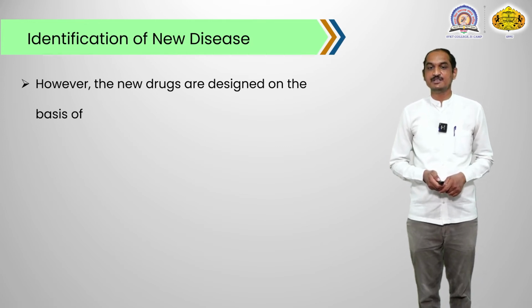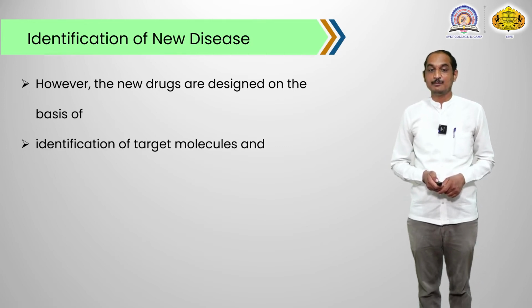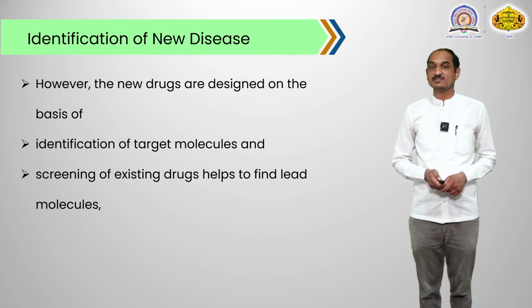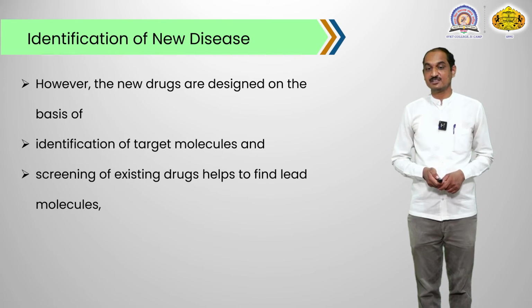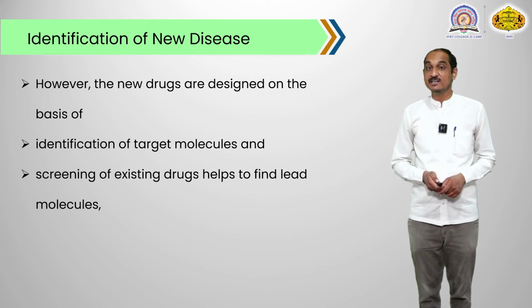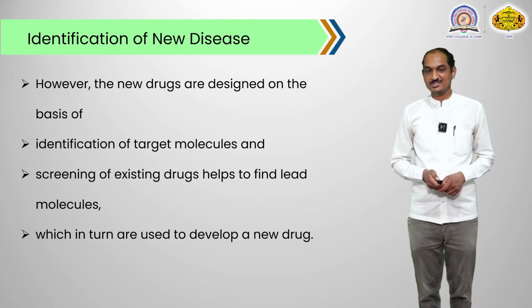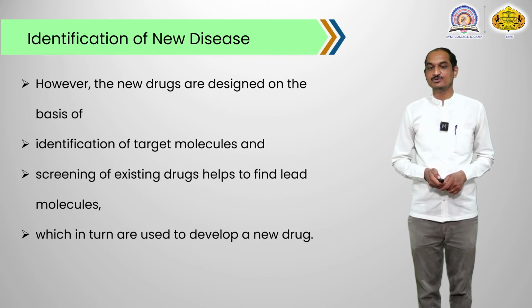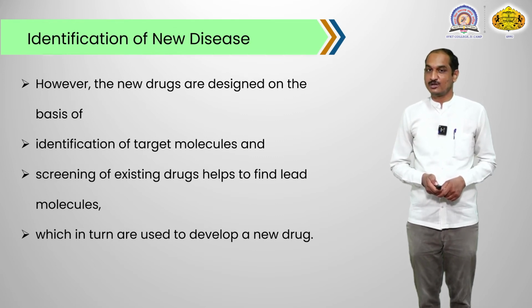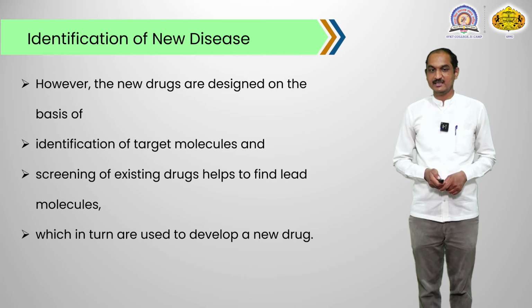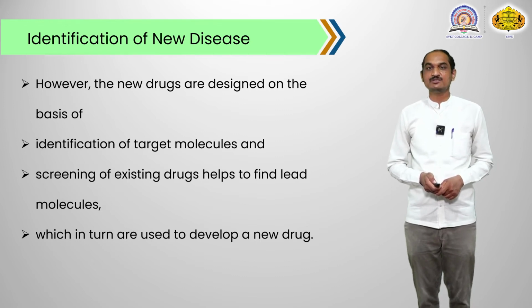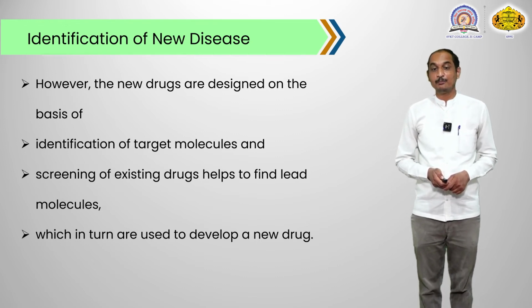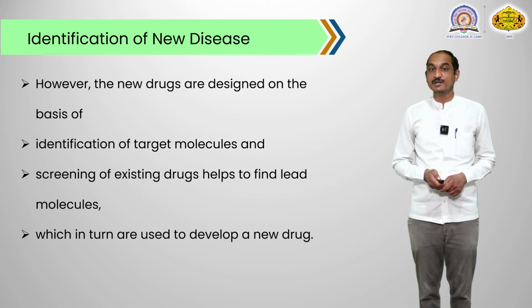However, new drugs are designed on the basis of identification of target molecules, and screening of existing drugs helps to find the lead molecules, which in turn are used to develop new drug molecules. Okay, new lead molecules are used to develop a new drug molecule.